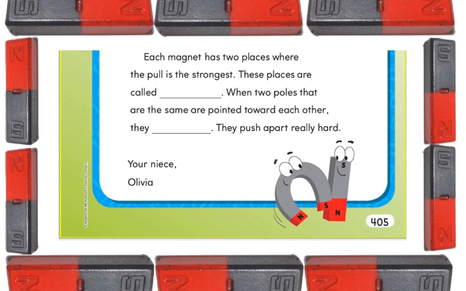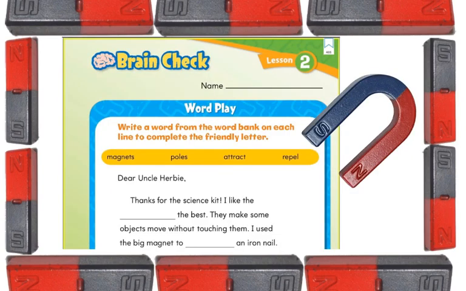Eunice, Olivia. Let me underline some clues so you can know what word to write on each blank. On the first one, you have to write the word that means make some objects move without touching them. And the clue for the second one is, what can a magnet do with an iron nail?